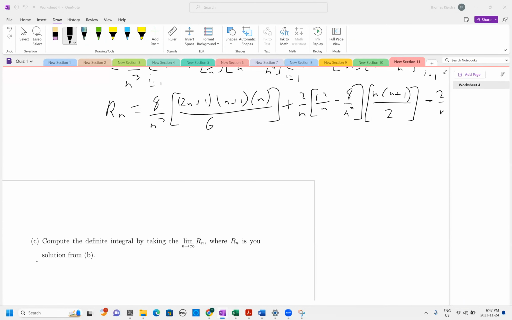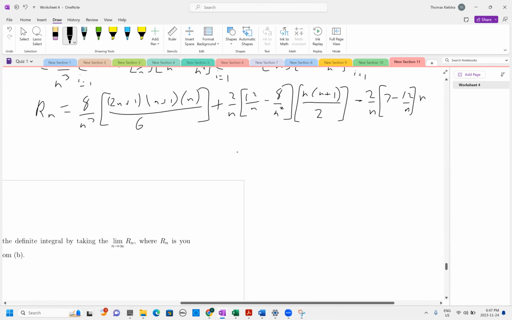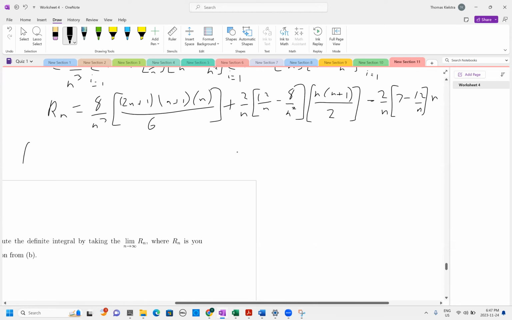So part C now asks us to take our expression for Rn and take the limit as n goes to infinity. So we're taking the limit as n goes to infinity of Rn, and now what we can do is take the limit of each of these pieces. Not only that, we can distribute this and take the limit of the distributed pieces.